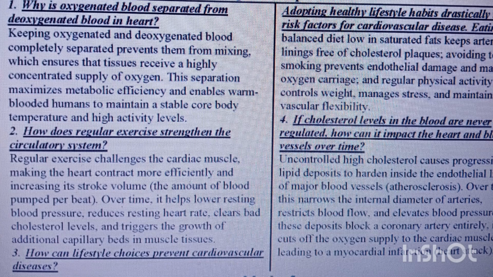Next is the third inquisitive question. How can lifestyle choices prevent cardiovascular disease? What kind of lifestyle can we adopt to avoid cardiovascular disease? Its answer is being shown to you on the screen. Lifestyle choices can prevent cardiovascular diseases. How?